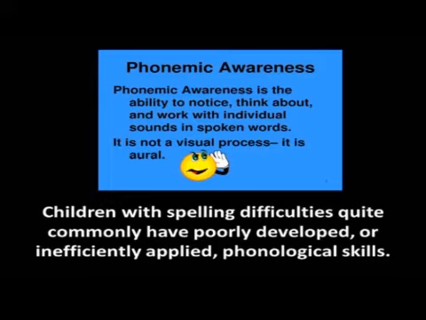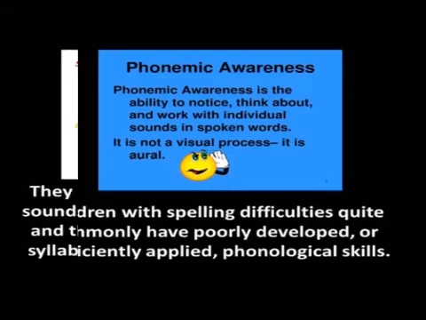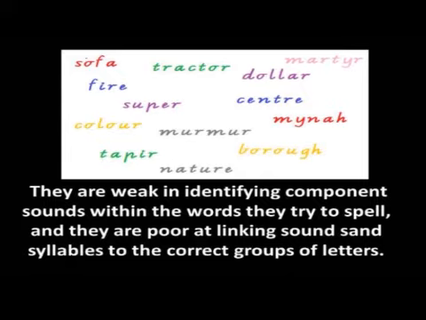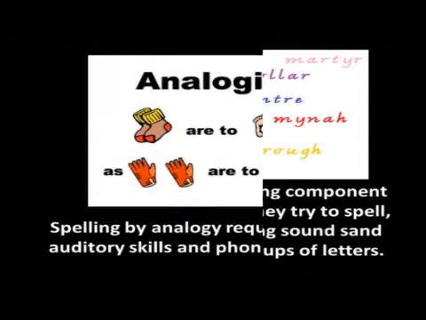Phonological skills: children with spelling difficulties quite commonly have poorly developed or inefficiently applied phonological skills. They are weak in identifying component sounds within words when they try to spell, and they are poor at linking sounds and syllables to the correct group of letters.